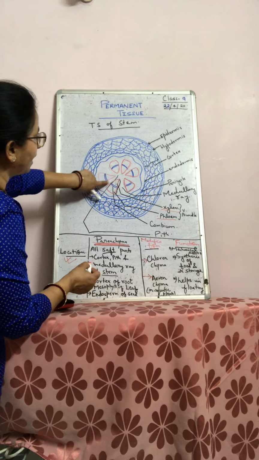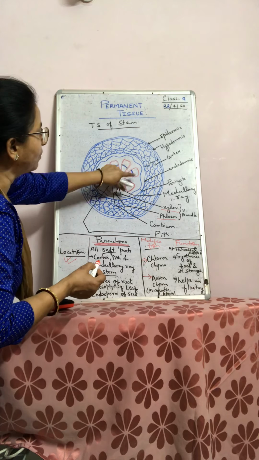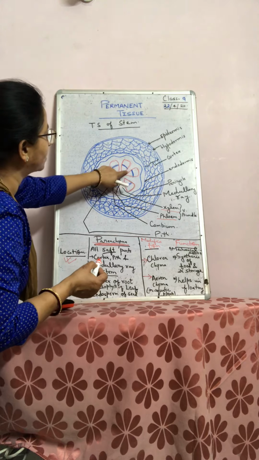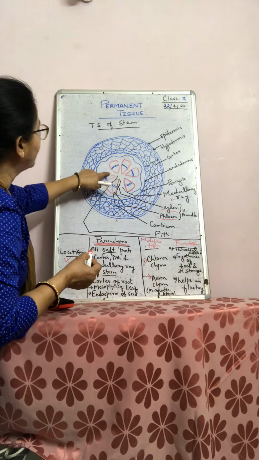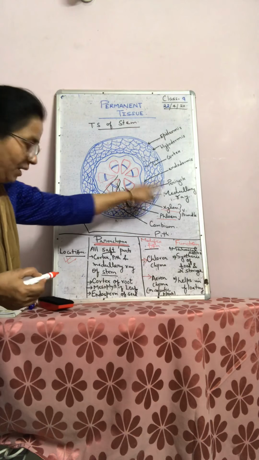You can see the radial structures here between the vascular bundles. These radial structures are the medullary rays.